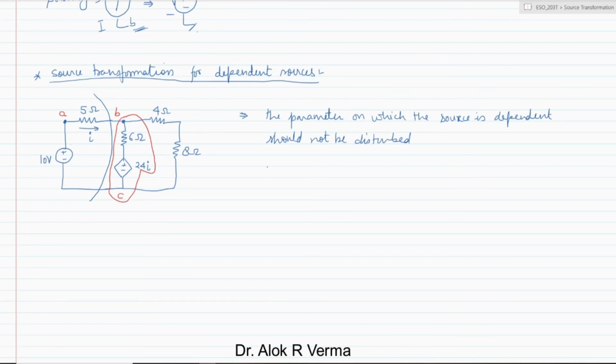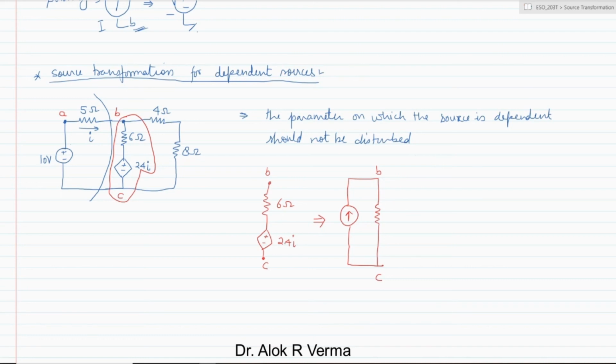Now if we consider B and C, this is nothing but one resistor and one source in the branch, and this is 6 ohm, and this is nothing but 24I. So if it is a dependent source, consider this as an independent source, so we can understand and apply the earlier laws or the source transformation formula, by which we can get this B and C.